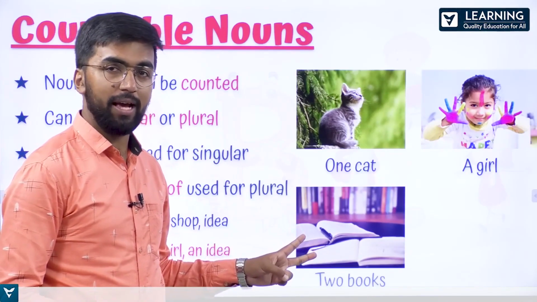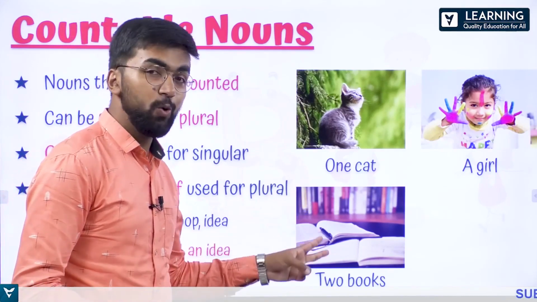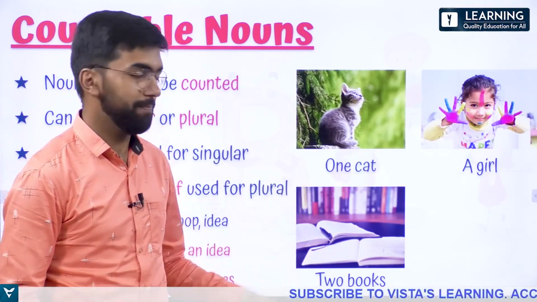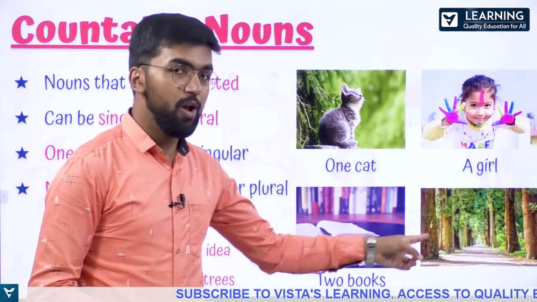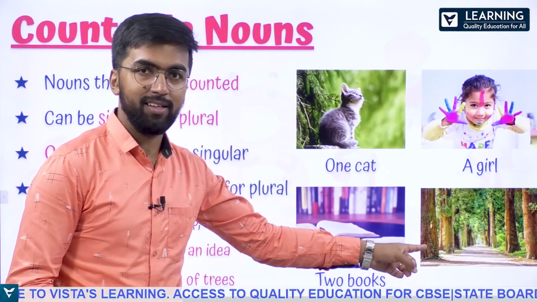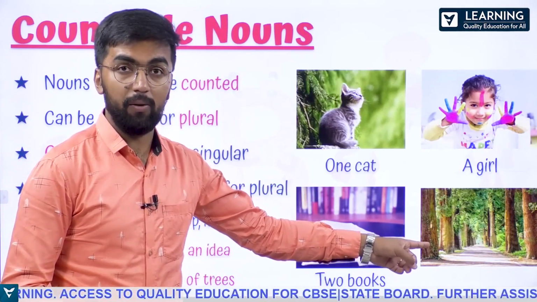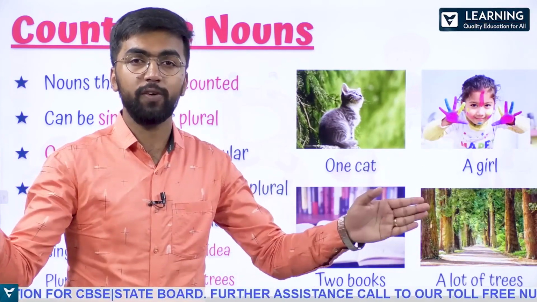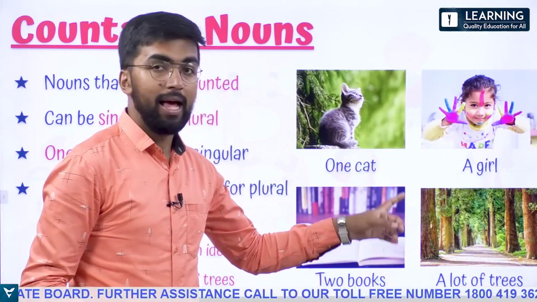Two books. Like we had seen, we have two books. Countable and plural. A lot of trees. Maybe this is the garden that Tina has. Well, even if not, these are a lot of trees. Countable and plural.